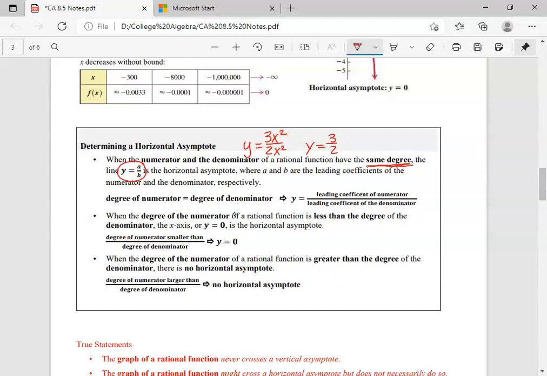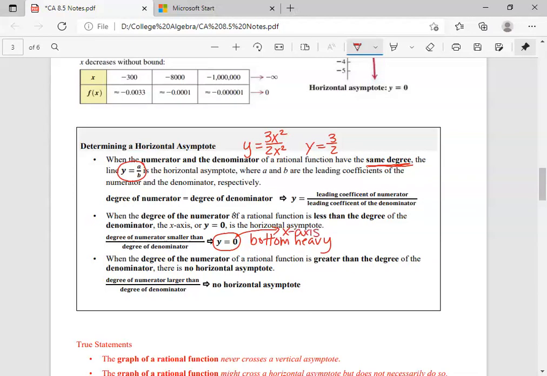If the degree of the numerator is smaller than the degree of the denominator, I call this bottom heavy. Then you do have a horizontal asymptote. It is the line y equals 0, and the line y equals 0 is just the x-axis.